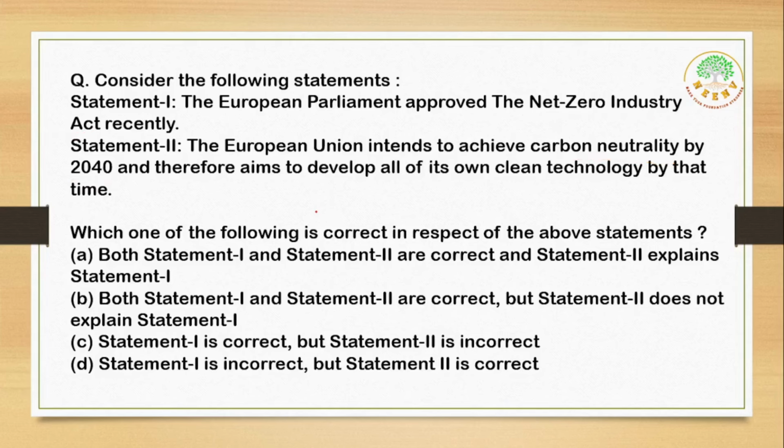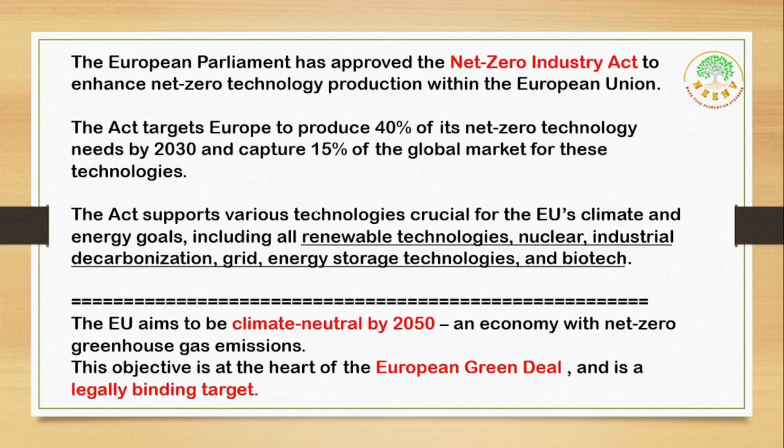Now let's look at the news. The European Parliament indeed approved the Net Zero Industry Act in order to enhance the net zero technology within the European Union. So the European Union wants to bring in such technology. They want to promote such technology which can help reduce the greenhouse gas emissions and help them achieve net zero emissions.